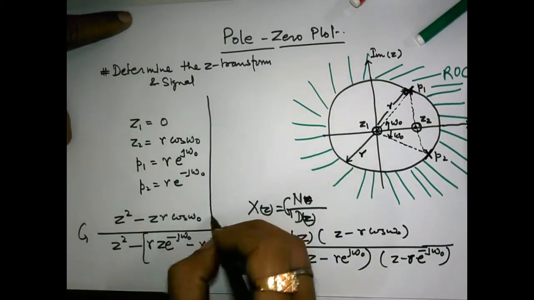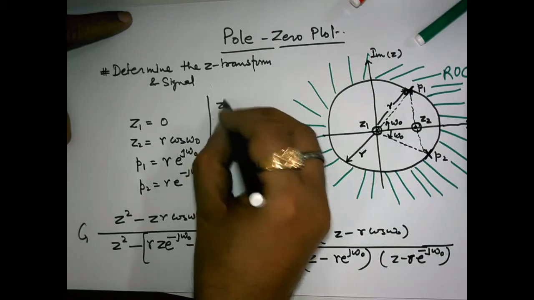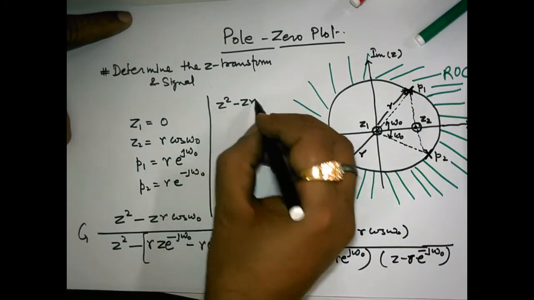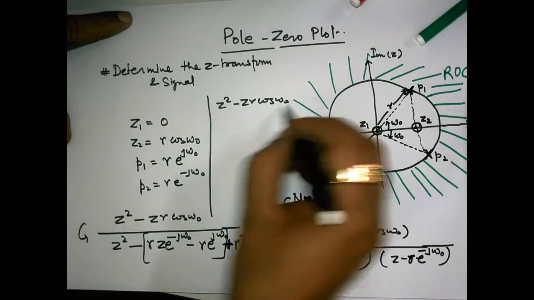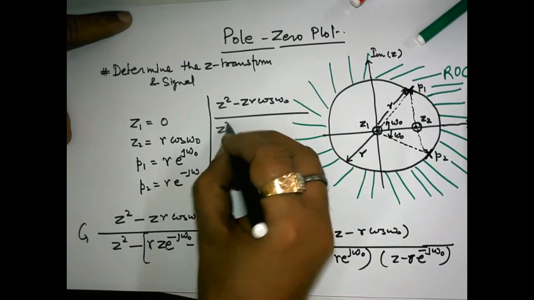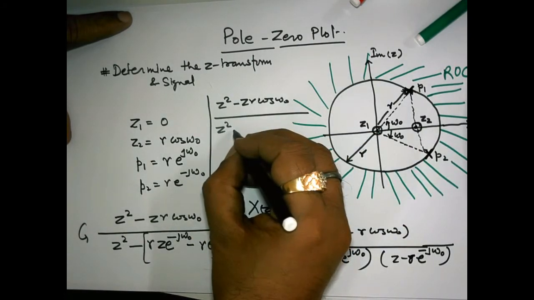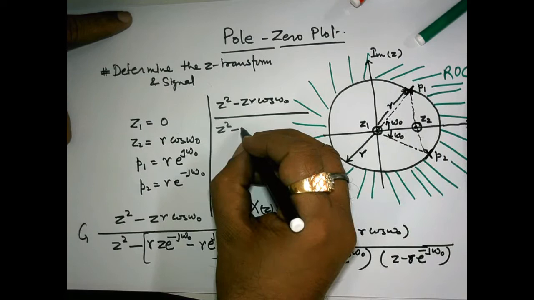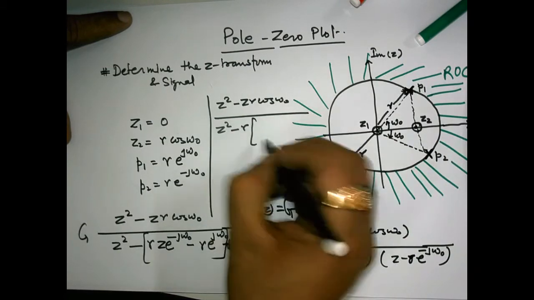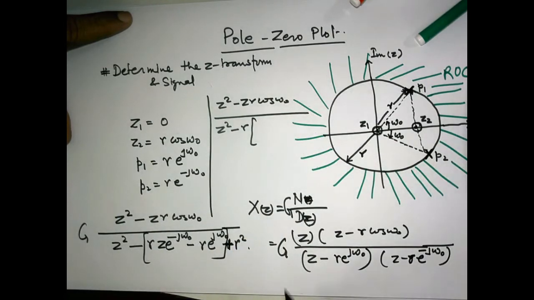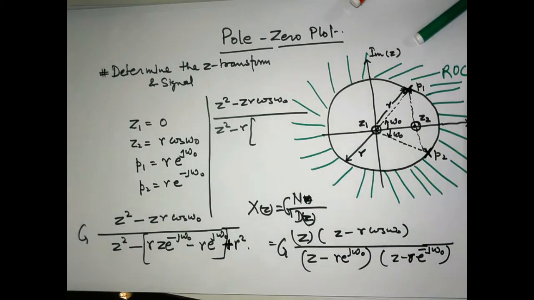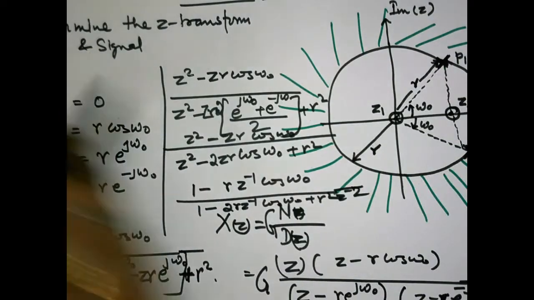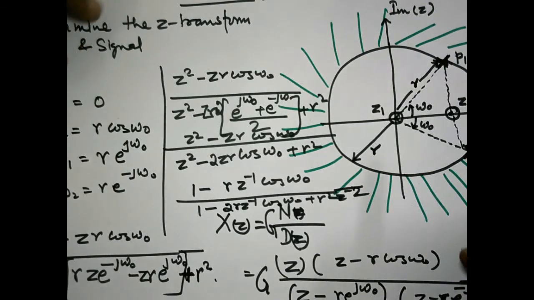So let us do it: (z² − z r cos ω0) over (z² − 2 r z cos ω0 + r²).